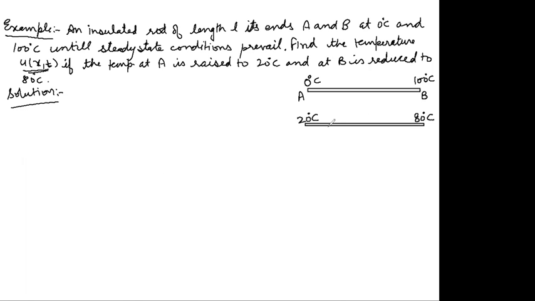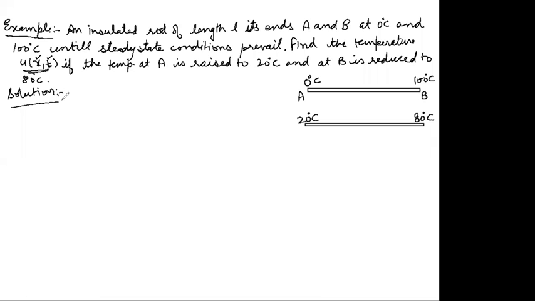So the heat flow will be there until we have the steady state condition, meaning the rod has uniformly distributed temperature from 20 degree to 80 degree. So we have to now find u(x,t), which will be a function of position as well as time.